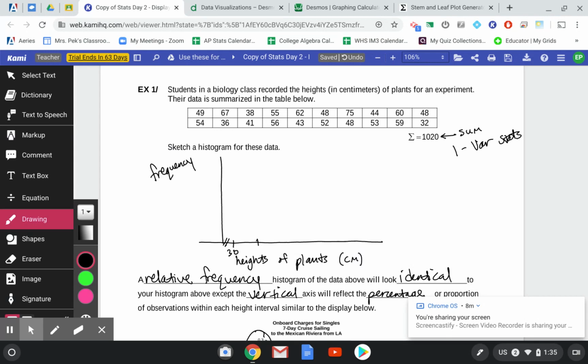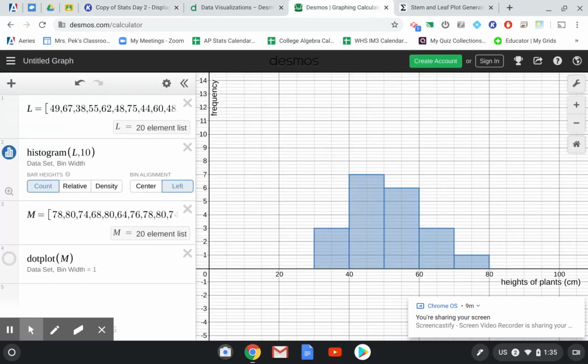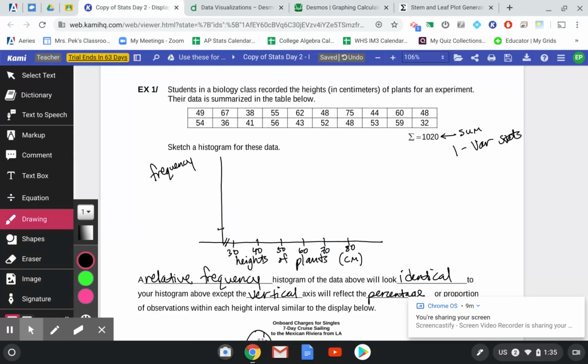And I'm going to go 30, 40, 50, 60, 70, 80, because that's what I have there. I know from my graph that the highest I went was 7. So 1, 2, 3, 4, 5, 6, 7.